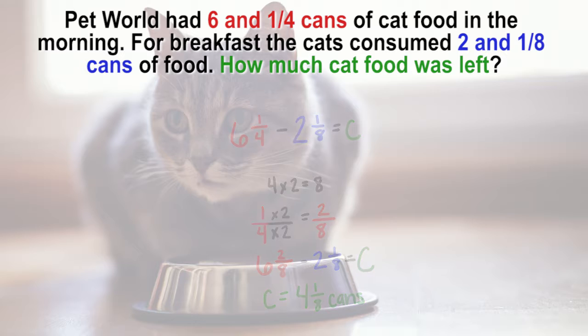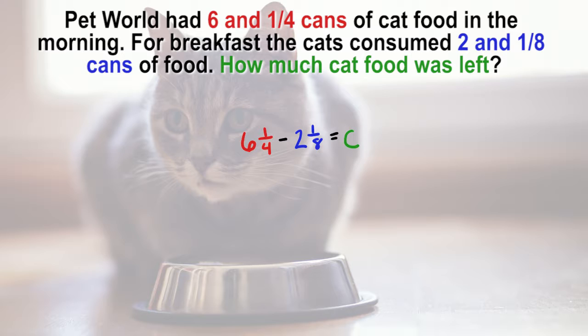Another way to solve would be to start with the original equation, 6 1/4 minus 2 1/8 equals C. Then to find common denominators for the fractional pieces, multiply the denominators by each other. Multiply 1/4 by 8 and 1/8 by 4. The equivalent fraction for 1/4 is 8/32, and the equivalent fraction for 1/8 is 4/32.